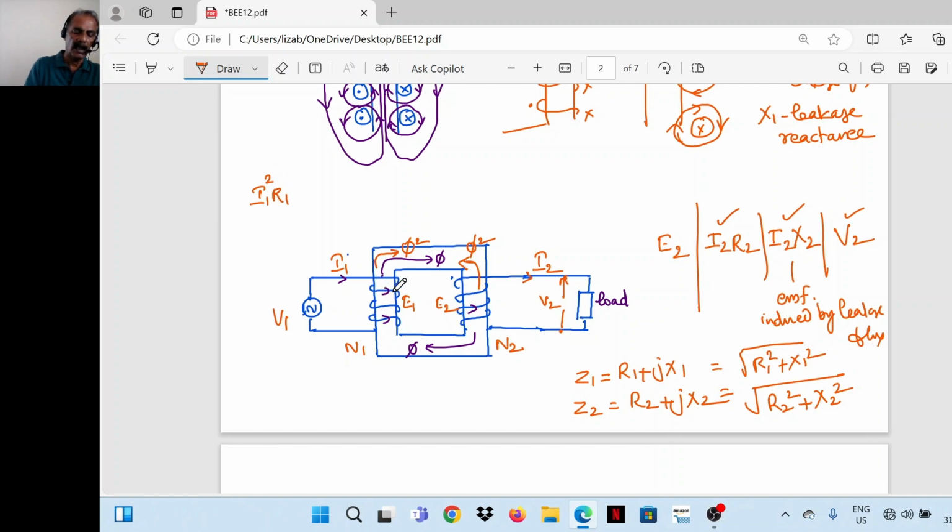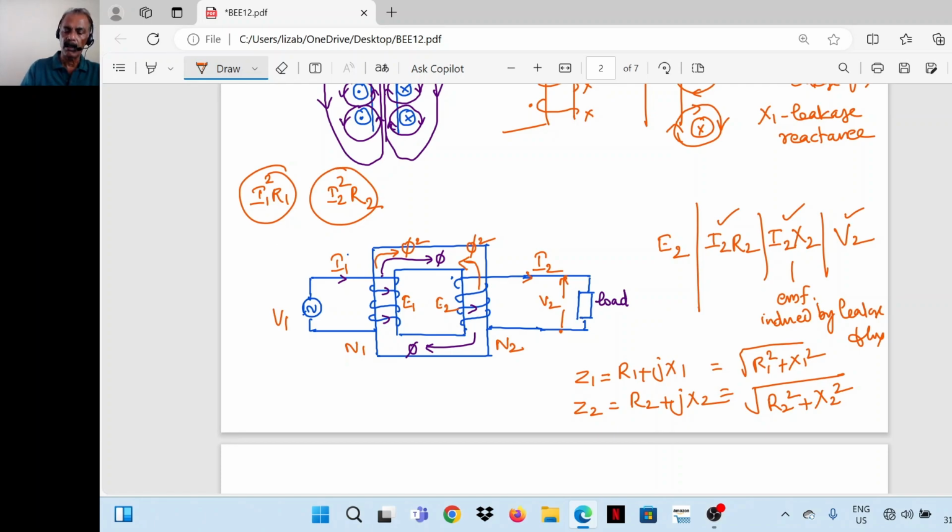Power dissipated as heat in the primary winding. What is I2 square R2? Power dissipated as heat in the secondary winding. So these are the power dissipated in the primary and secondary as heat.